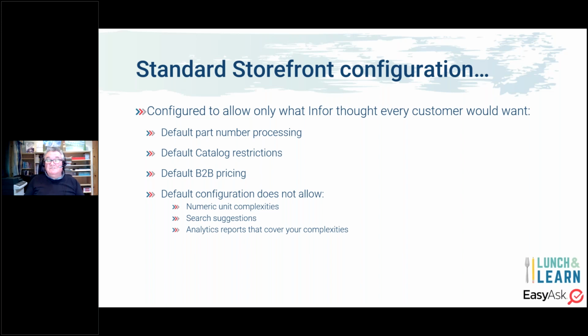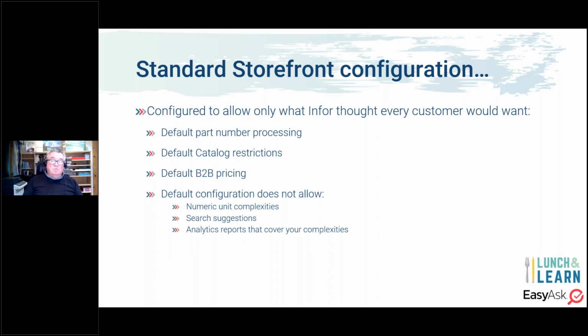And also the default configuration doesn't allow any numeric unit complexities. The search suggestions are going to be for all searches, even if they lead to dead ends. And the analytics reports are standard as defined by Infor.